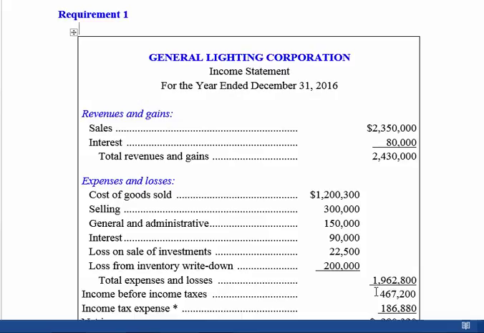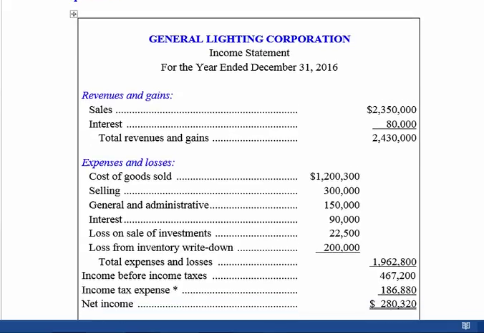Again, that was income before income taxes, the 467,200 times your 40% tax rate given in the last sentence of the problem, just above the instructions or the required items. Alright, now we'll deduct income tax expense from income before income taxes, and that's going to give us net income, $280,320.